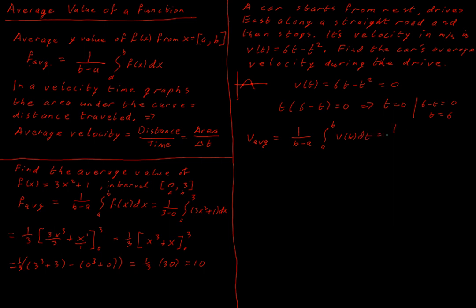Subbing into that, we have 1 all over 6 minus 0, the integral from 0 to 6 of 6t minus t squared dt. And we know how to get that integral here.